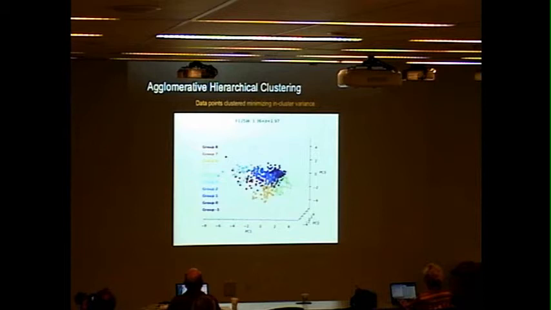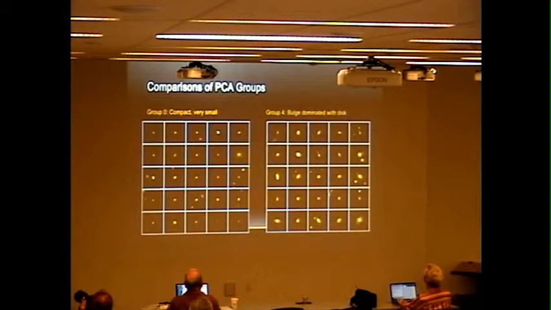So let's take a look first at group 0, which is the group with the most galaxies in our redshift range. And a lot of them, as you can see, are very compact and very small. I like to compare it to this other one, group 4.